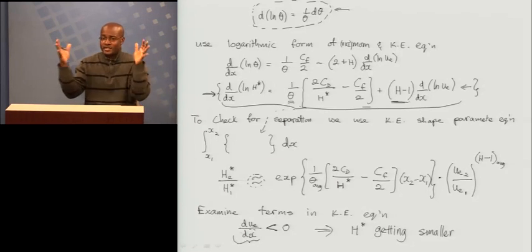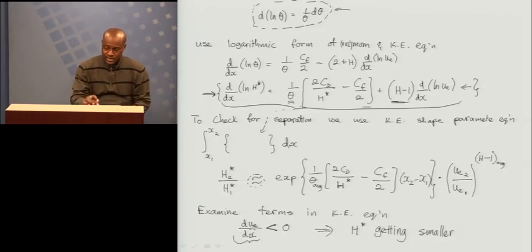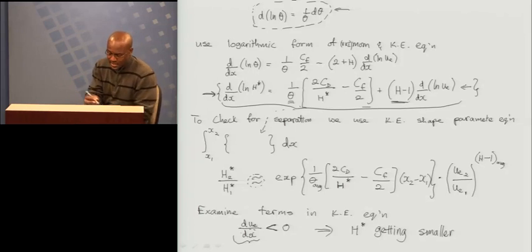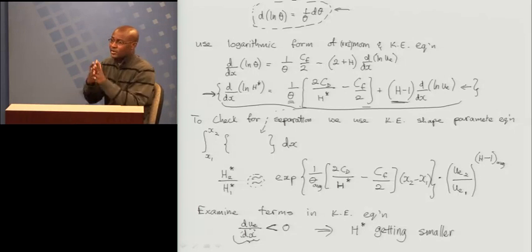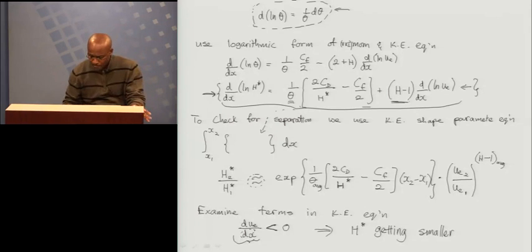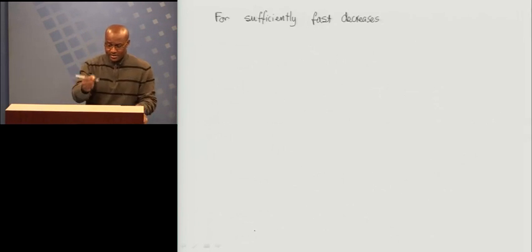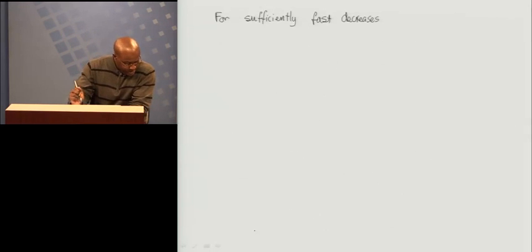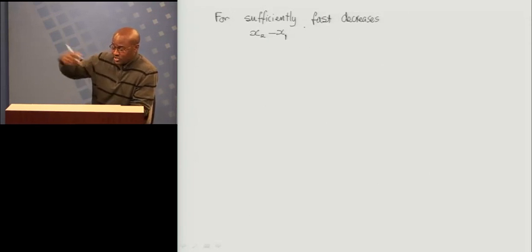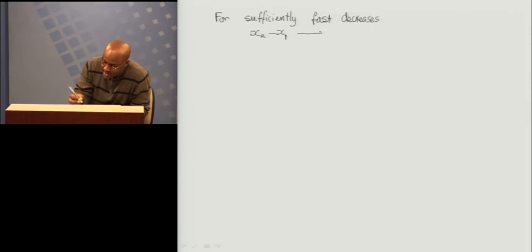If it's a really large change, then this term is really large. So I could represent it as this dx, or x2 minus x1, being something really small. So as the change tends to go really large, this guy tends to 0.